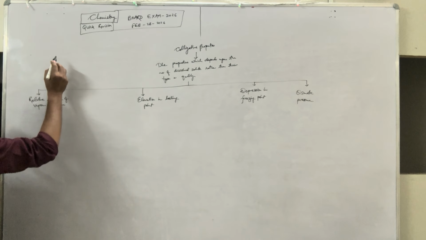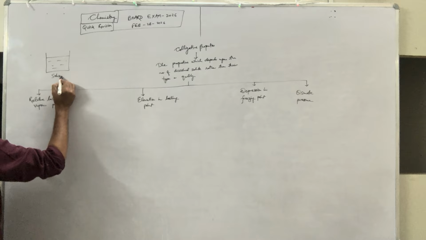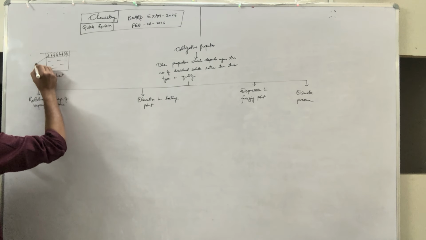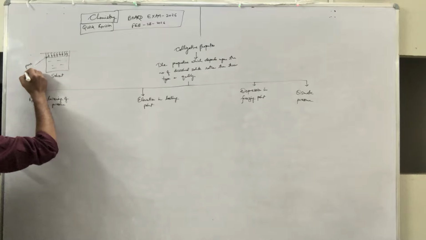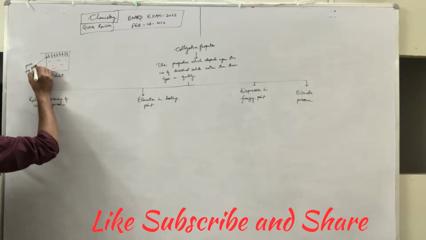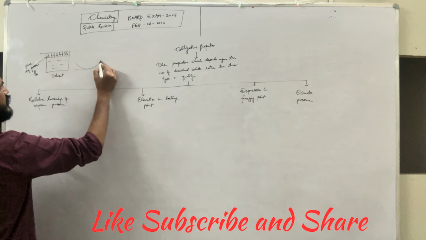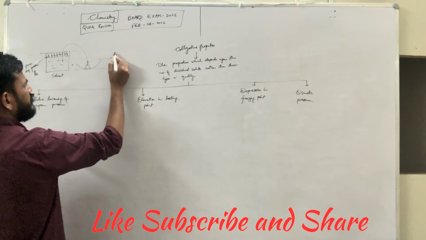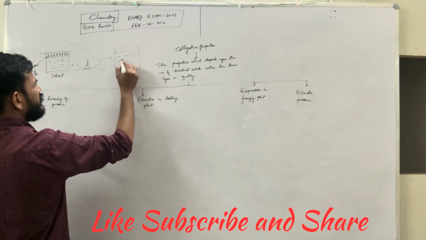Now, suppose you have a solvent. It has its own pure vapor pressure, P dot A. These are vapors. Now, when one dissolves salt in it, the solution contains salt dissolved in it.